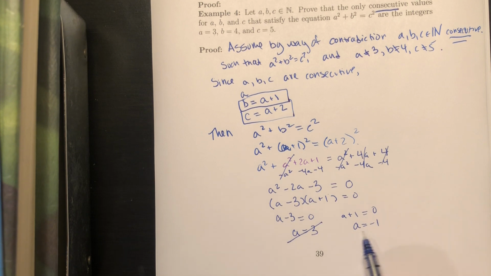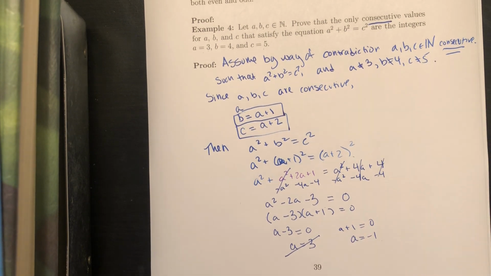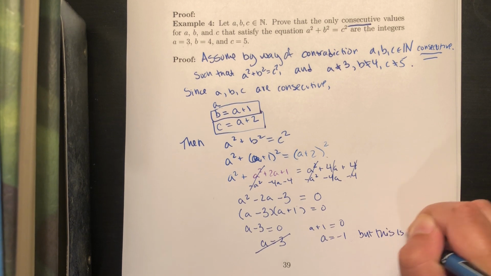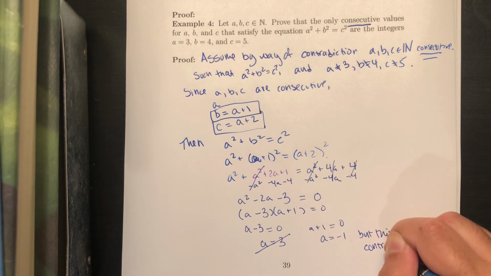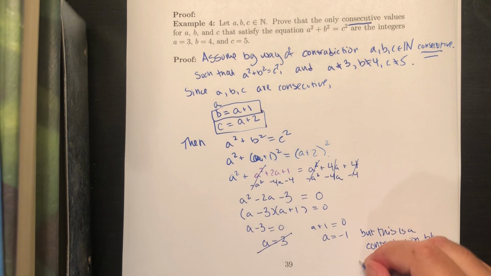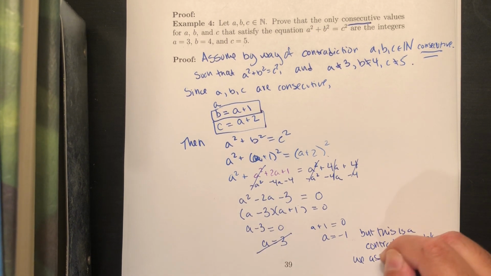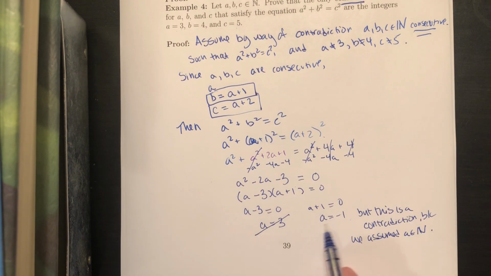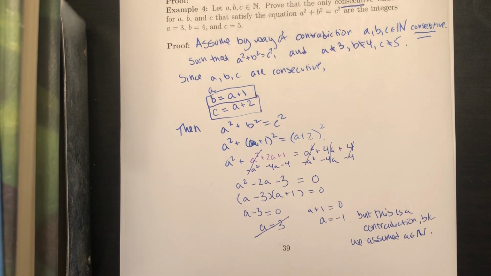But a can't be equal to -1, because we started off by assuming a, b, and c are all natural numbers. So this is a contradiction, because we assumed that a was a natural number, and a can't be equal to -1. Natural numbers are not negative, right?